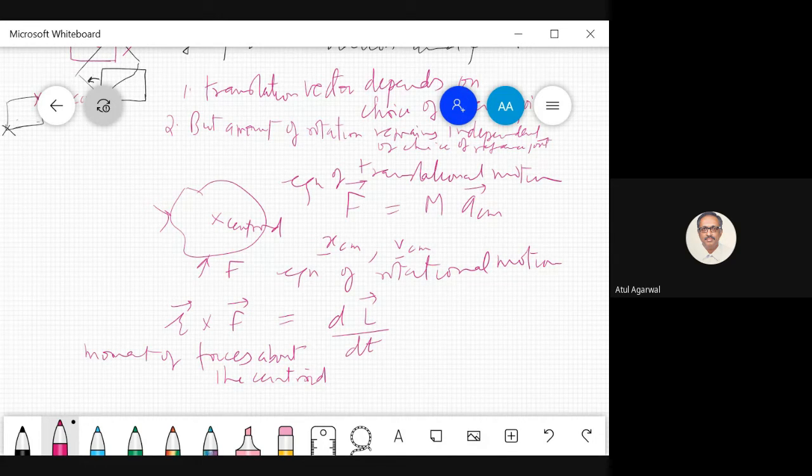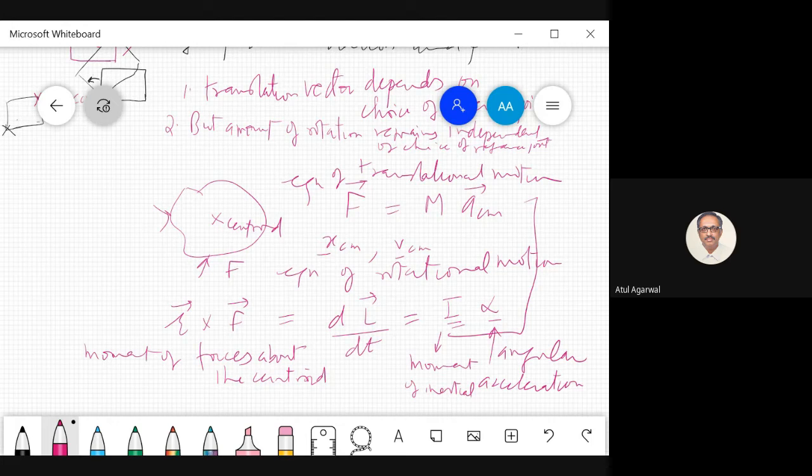With these two equations, you are able to find the motion. So this can be simplified to I alpha. Alpha is angular acceleration of the body. This is moment of inertia tensor. So you will learn what is moment of inertia tensor.